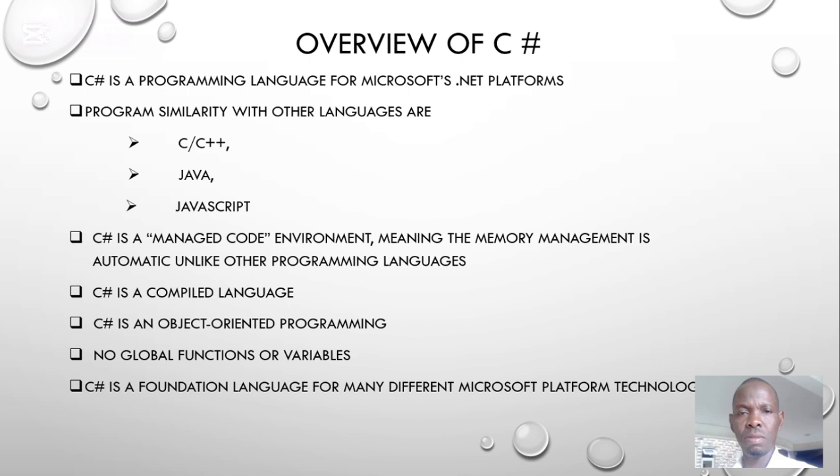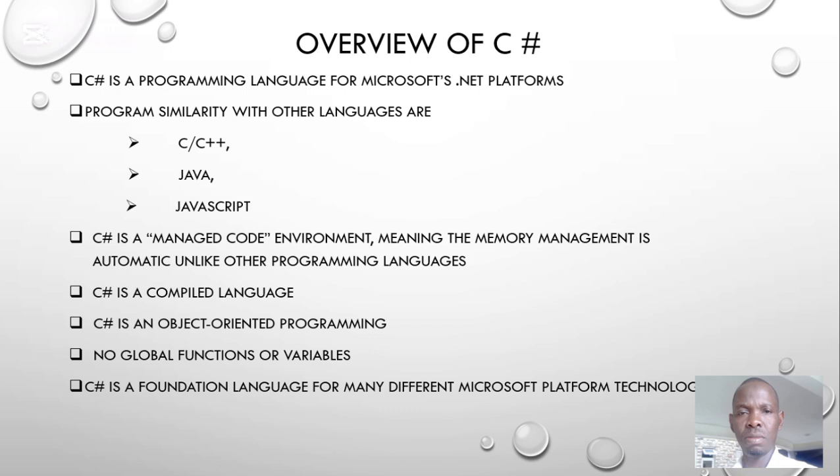C# is a programming language that is supported by the Microsoft .NET platform. It has similarity with other languages like C++, Java, JavaScript, and the like. C# is a compiled language.